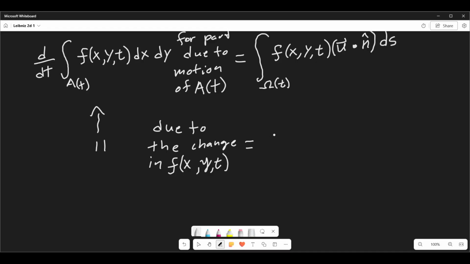And this part equals the integral over the area, as it was originally, the integral over the area, and then with a partial derivative moved inside. And this is a function of x, y, t, and dx, dy.